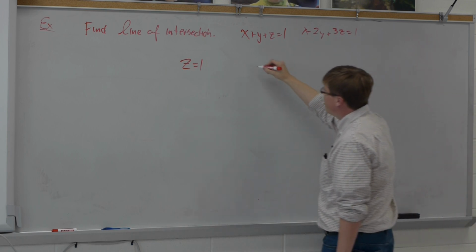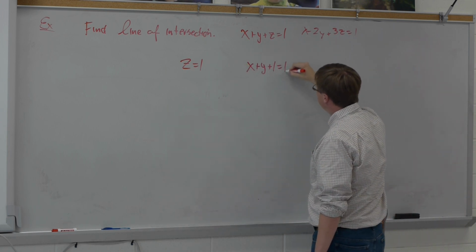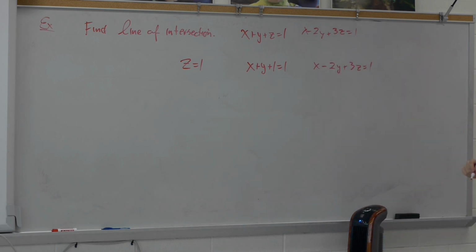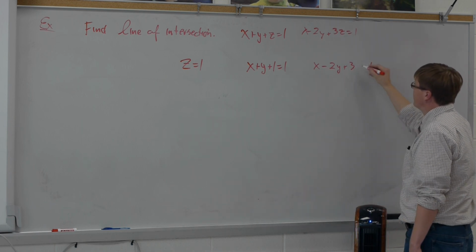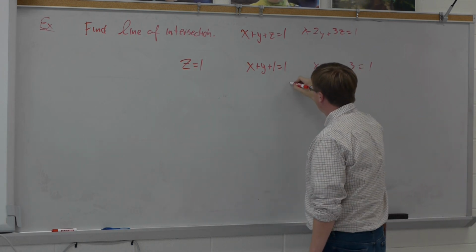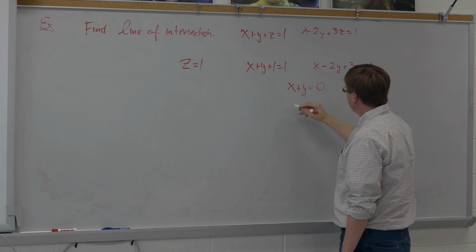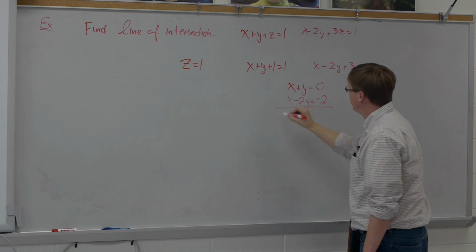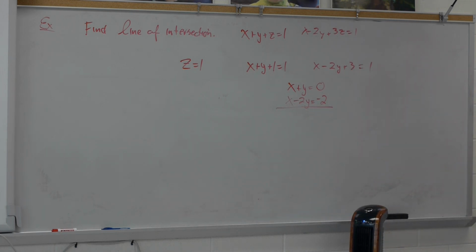So if z equals 1, that means x plus y plus 1 is 1, and x minus 2y plus 3 is 1. And that's a system I can actually solve, and it's going to be easy to solve. It says x plus y is 0, and x minus 2y is negative 2.